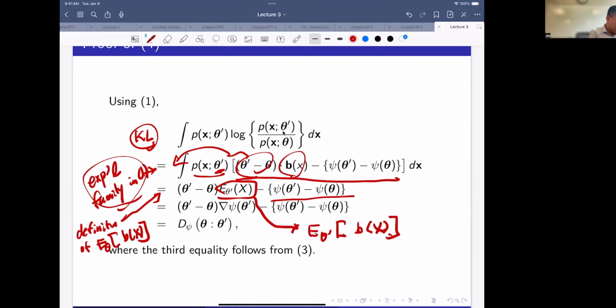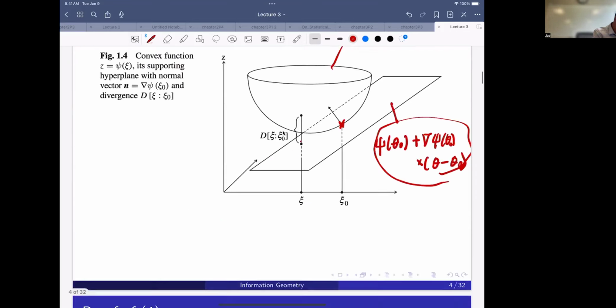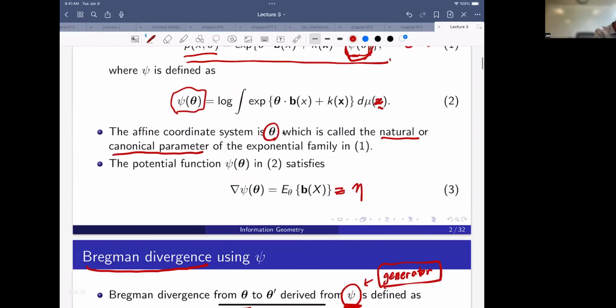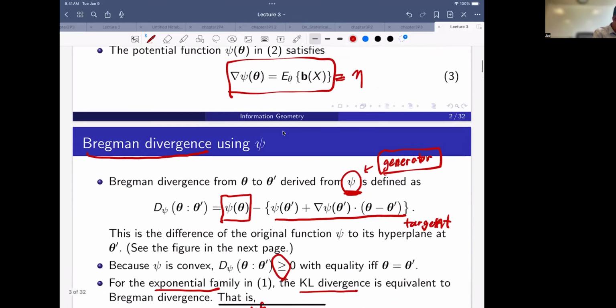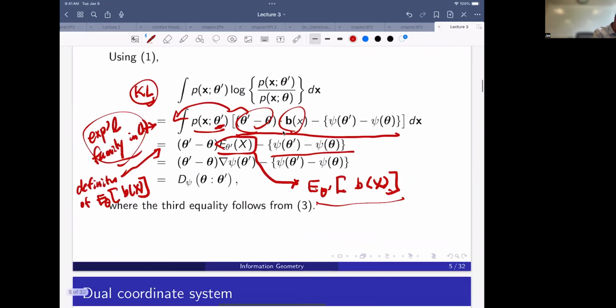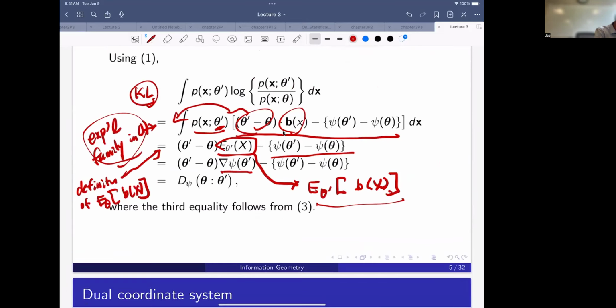Sorry about that. And then by this property, equation 3, you can write it as a tangent, I mean derivative. So then you can express it as a Bregman divergence.